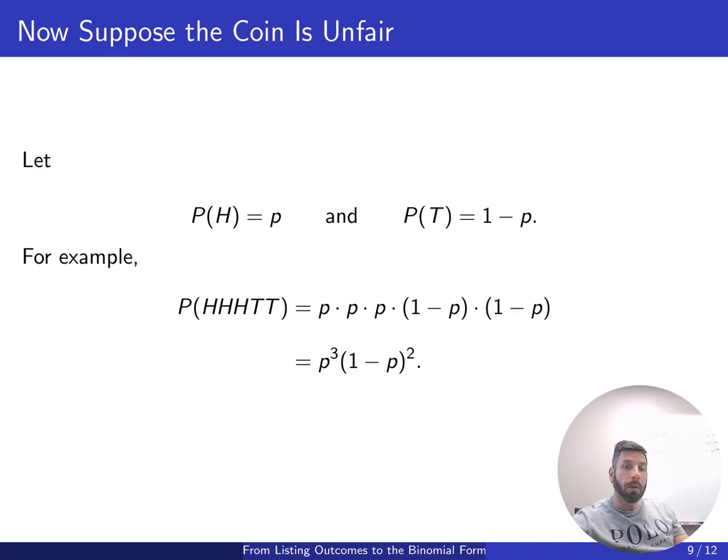So for example, the probability of getting heads, heads, heads, tails, tails would be p times p times p, and then 1 minus p times 1 minus p. Of course, we use exponents because it's a little cleaner to write. And so the probability of going heads, heads, heads, tails, tails would be p cubed times 1 minus p squared. Beautiful.